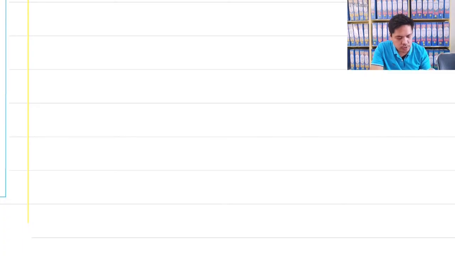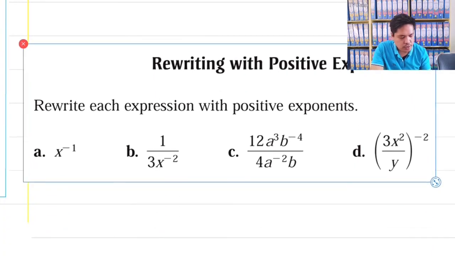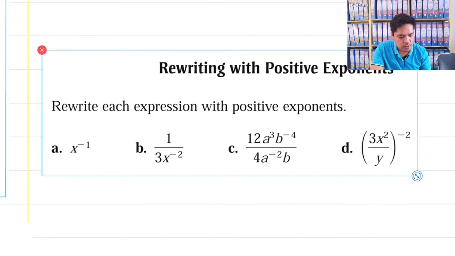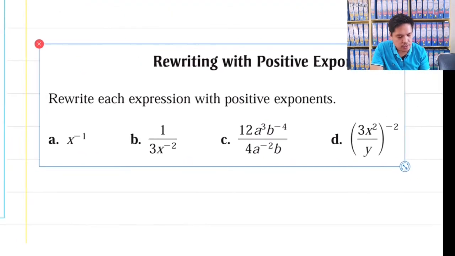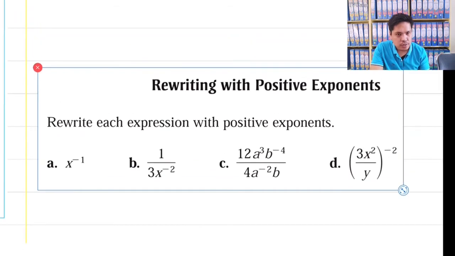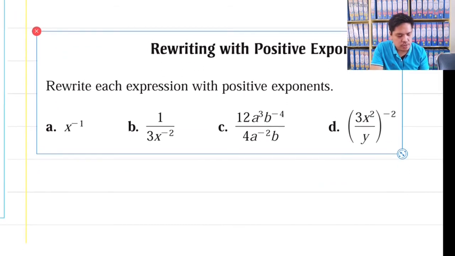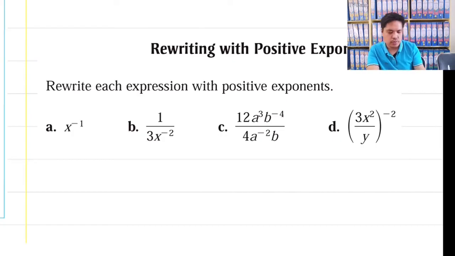Okay, now for the next problem, problem 16. For the next problem, let's try this one. Problem 16 na. Yan. Rewriting positive exponents. Ayan. What does it mean? Problem 16. Rewriting positive exponents.